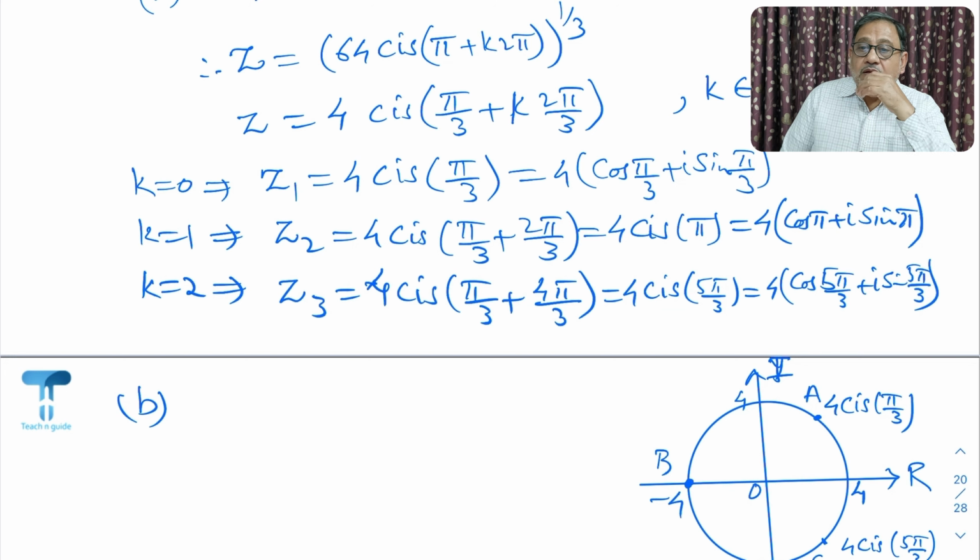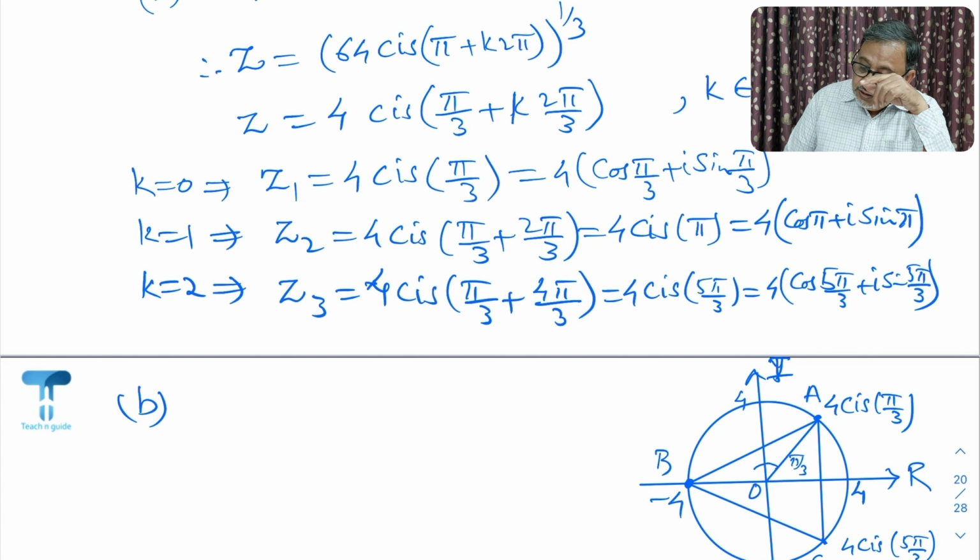Now we want the area of this triangle. To find the area of this triangle, what we are going to do? We already have the angle, right? So look here, this angle is pi by 3, and here is pi by 3.